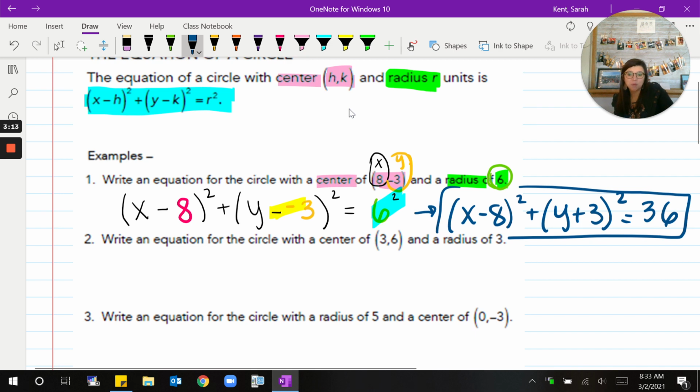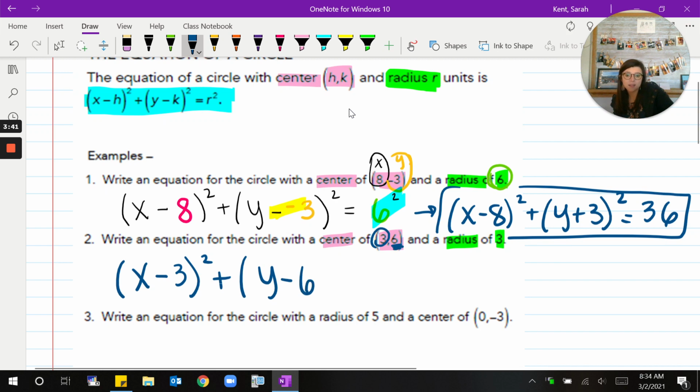All right, let's look at number 2. Write an equation for the circle with a center of (3, 6) and a radius of 3. So when I go to write this, I want (x - my x value, which is 3)² + (y - my y value, which is 6)² = my radius squared.